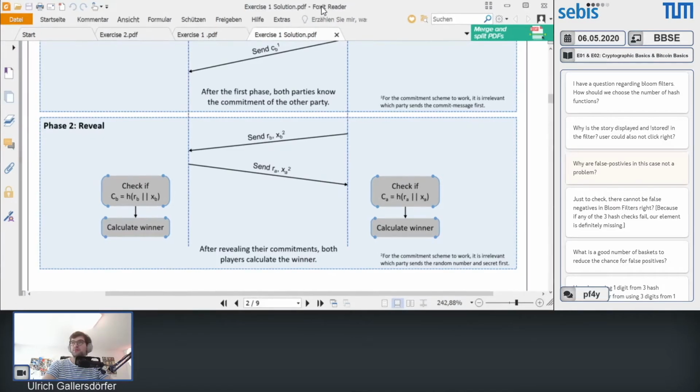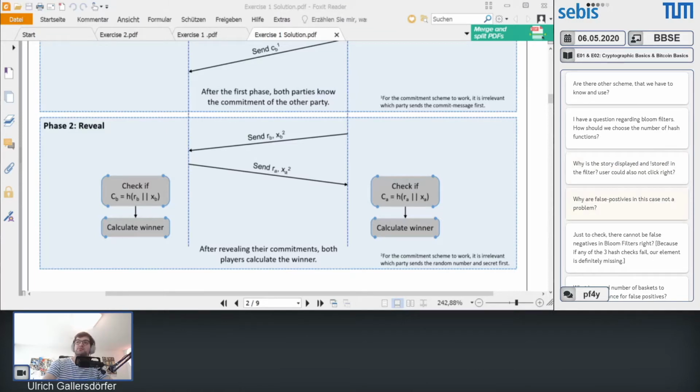We have some questions. Let's take a look at them. Are there other schemes that we have to know and use? So we introduced them in the exercise, and we will also cover some of these schemes in other lectures.